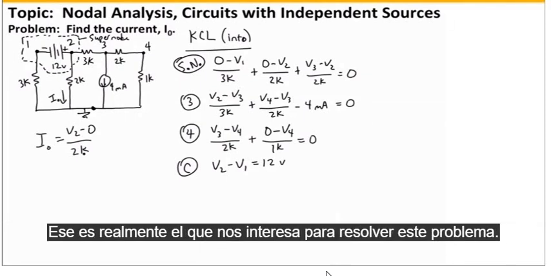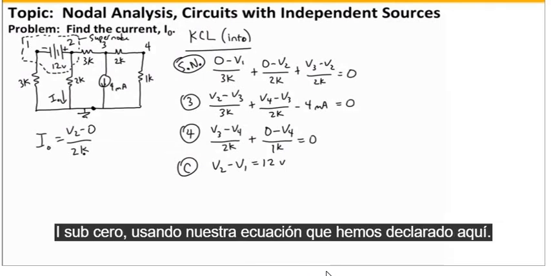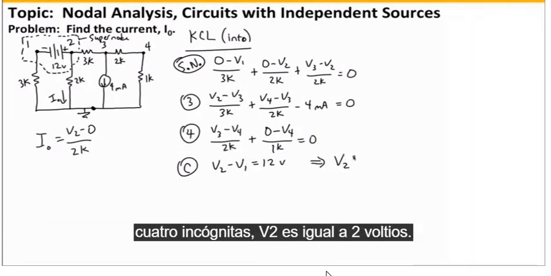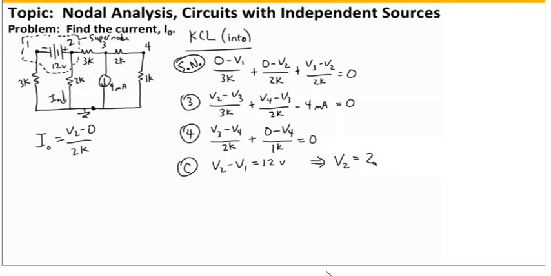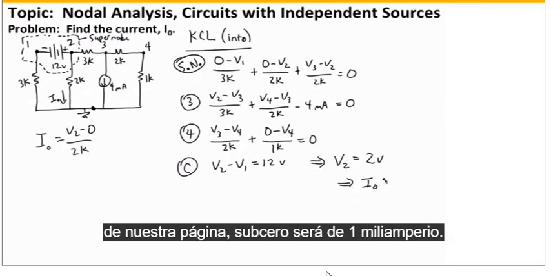That's the one that's of interest to us for solving this problem. If we can find that, then we can solve for I sub 0 using the equation stated here. If you solve for V2 using our set of 4 equations and 4 unknowns, V2 is equal to 2 volts. And using our equation on the left-hand side of our page, I sub 0 will be 1 milliamp.